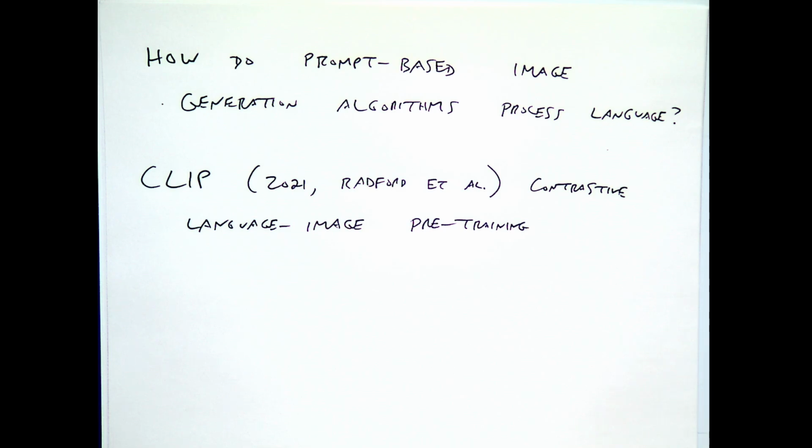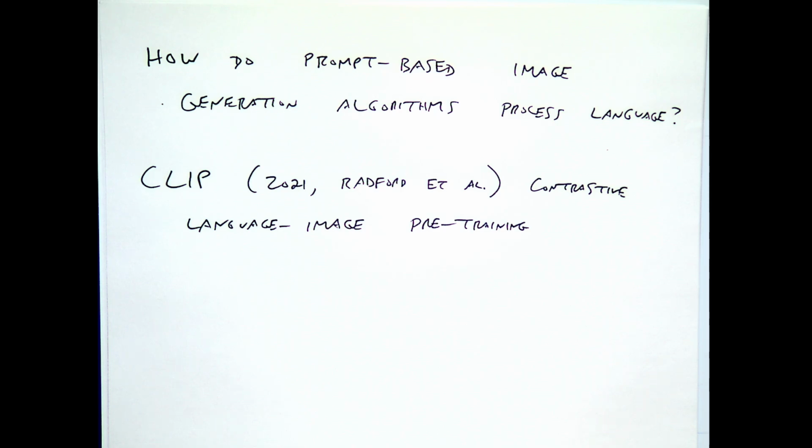And so even though this only occurred a couple of years ago, this immediately took off in terms of what is the underlying glue that holds all these cool algorithms together. And now it's widely used as a method for relating language to images.